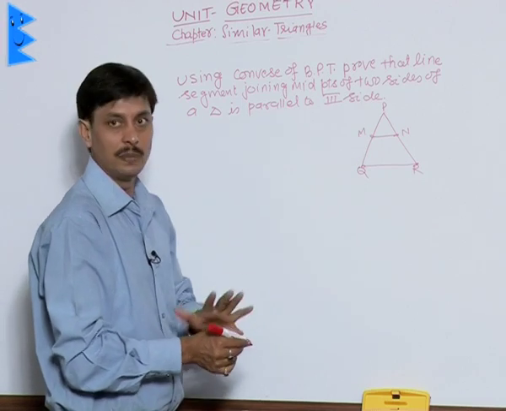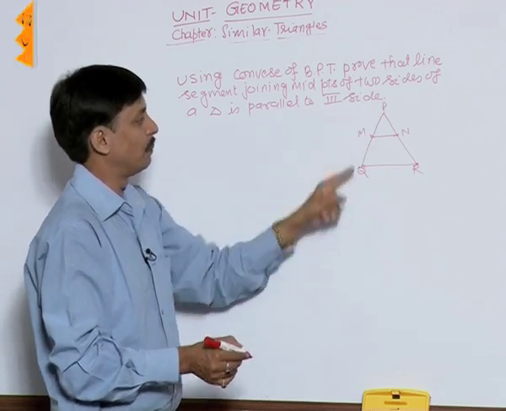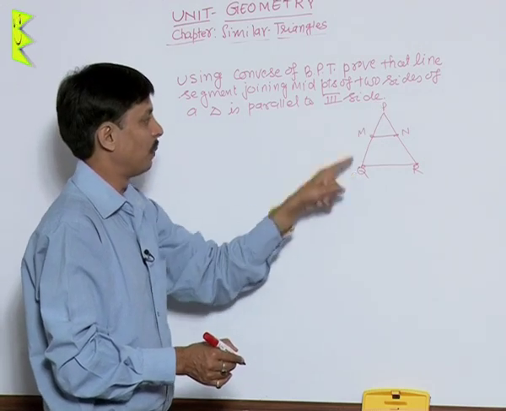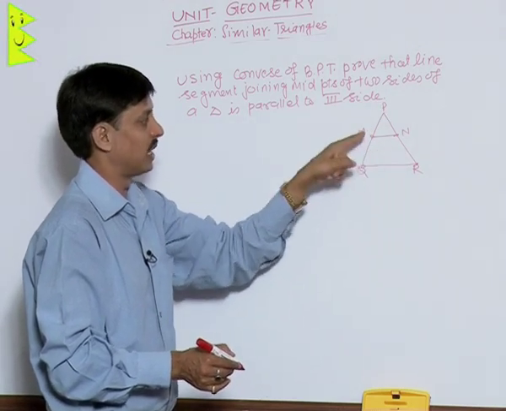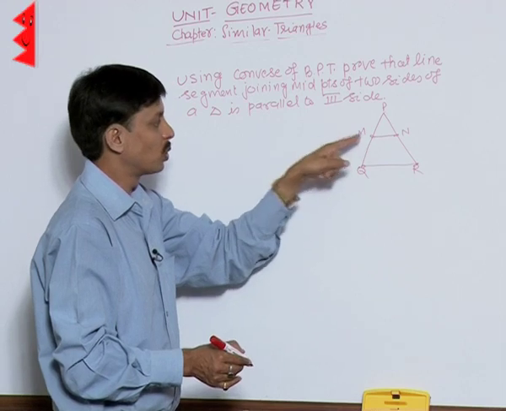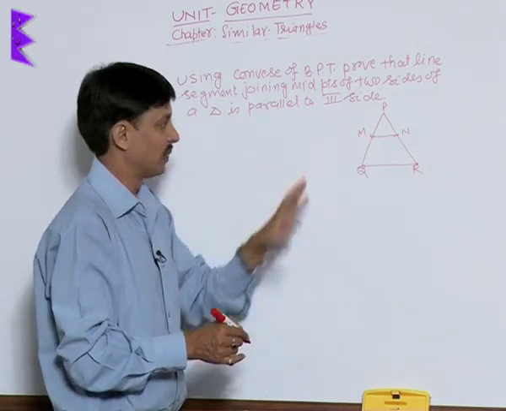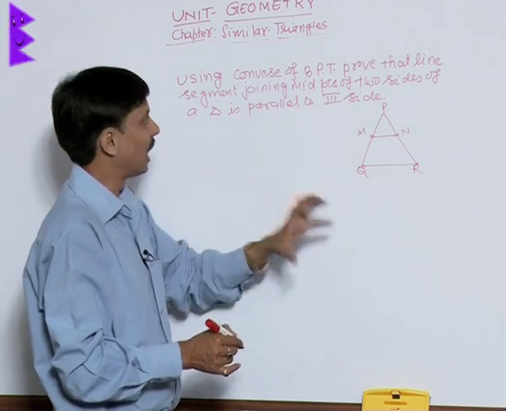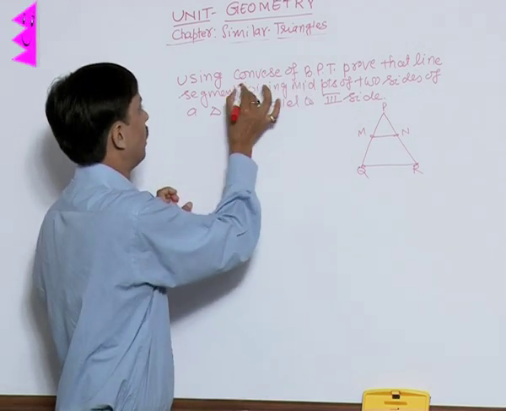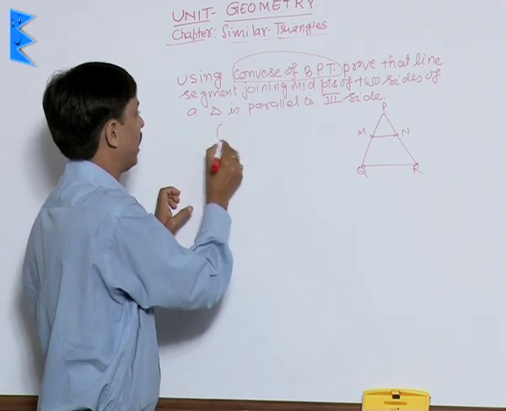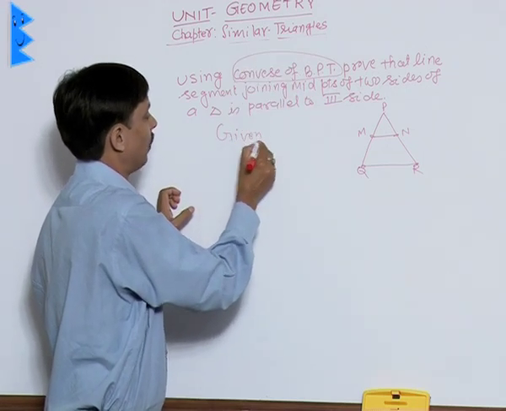The triangle is PQR. There are three sides: one is PQ, the other is PR and the third is QR. The midpoint of PQ is M, the midpoint of PR is N. We want to show that this line segment MN is parallel to QR. In order to show it, we have to use which theorem? The converse of BPT. First of all, I will write here: Given. What is given?